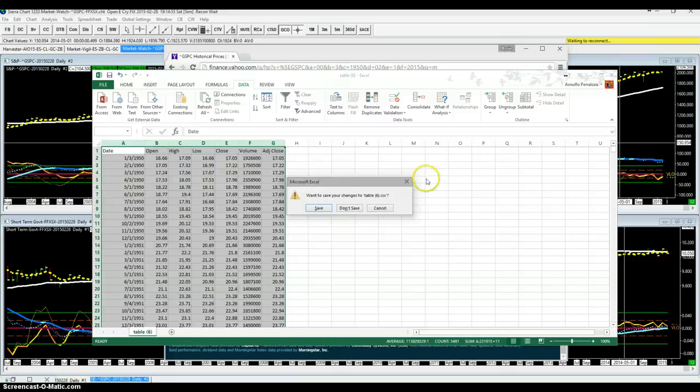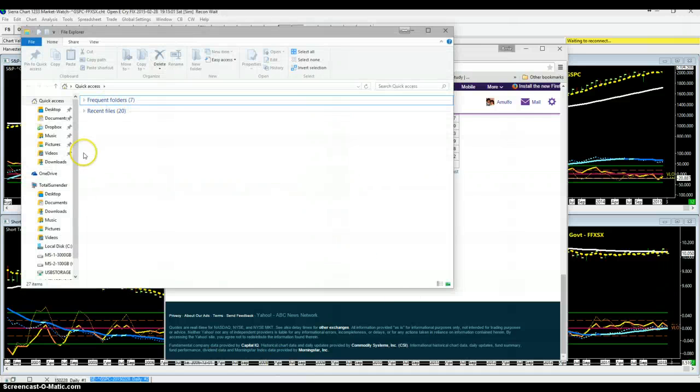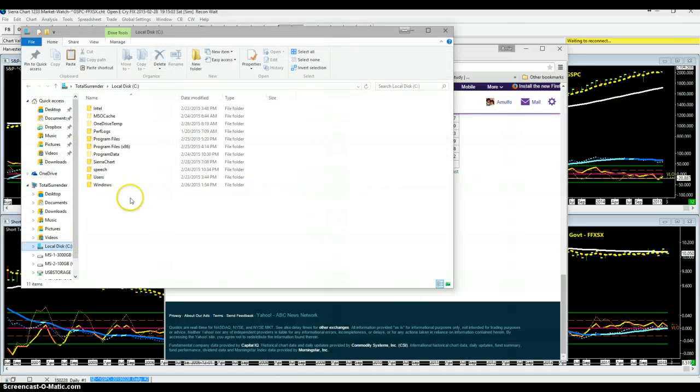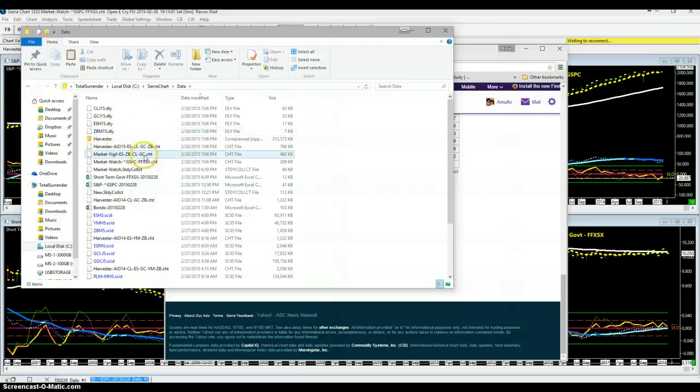And the file I saved this to is the following. I saved it into the file SNP caret GSPC, and I gave it the current date when I did the dump.